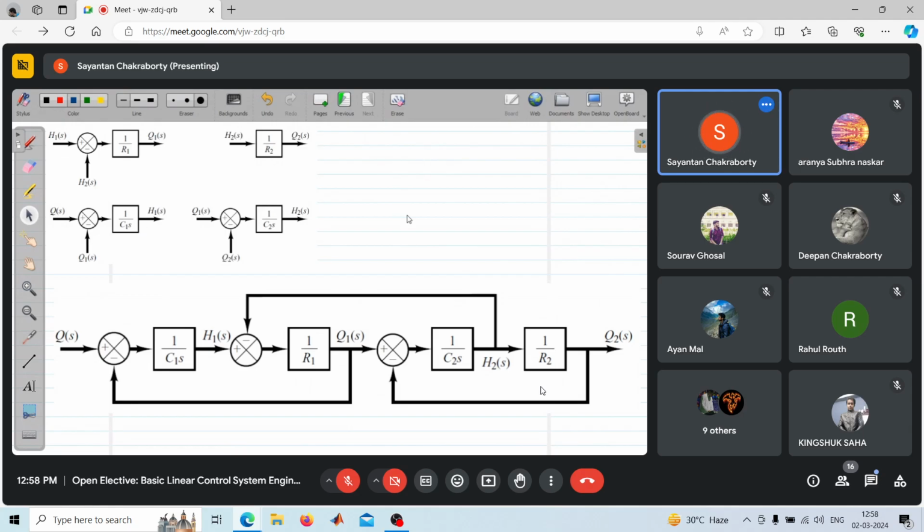Now how am I doing that? See, Qs is my input, so I put Qs over here. And I know if I can subtract Q1s from that and multiply by 1 by C1s, I'll get H1s.